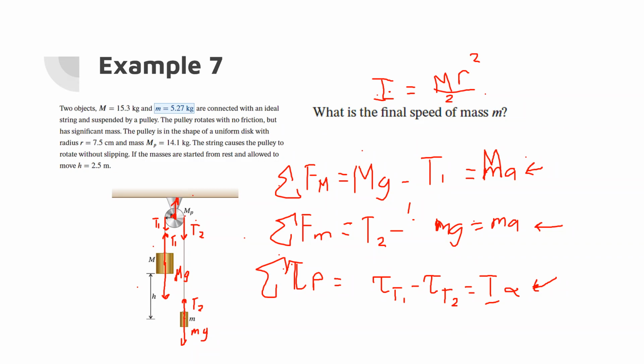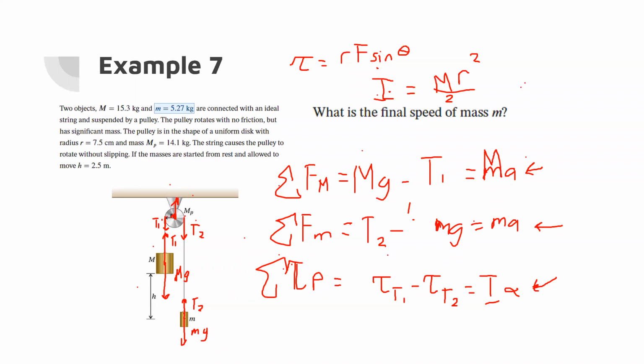And since the torque is going to be the radius times the force applied times the sine of the angle, which in this case, since these forces are acting tangential to the pulley, sine of theta is just going to be 1, so it's just going to be r times F.